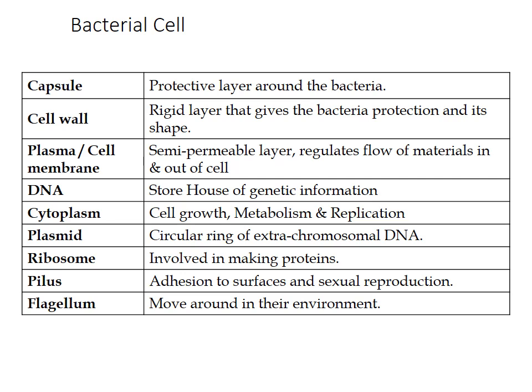Bacteria have DNA, a storehouse for genetic information. Apart from this, bacteria also have cytoplasm, plasmid, ribosome, pilus, and flagellum. We have seen the function of pilus, which helps in adhesion to surfaces and sexual reproduction, and the flagellum helps in moving around in the environment.